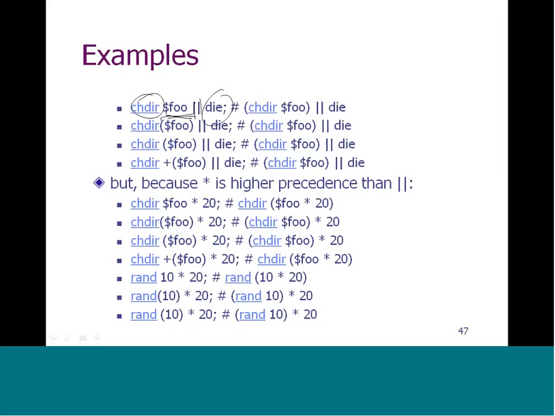We will talk about these kinds of statements in the coming section, but I want you to pay attention to this one. Here we specify this without parentheses, basically like this. That's the same as writing chdir $foo first and then or die. So this and this are exactly the same.